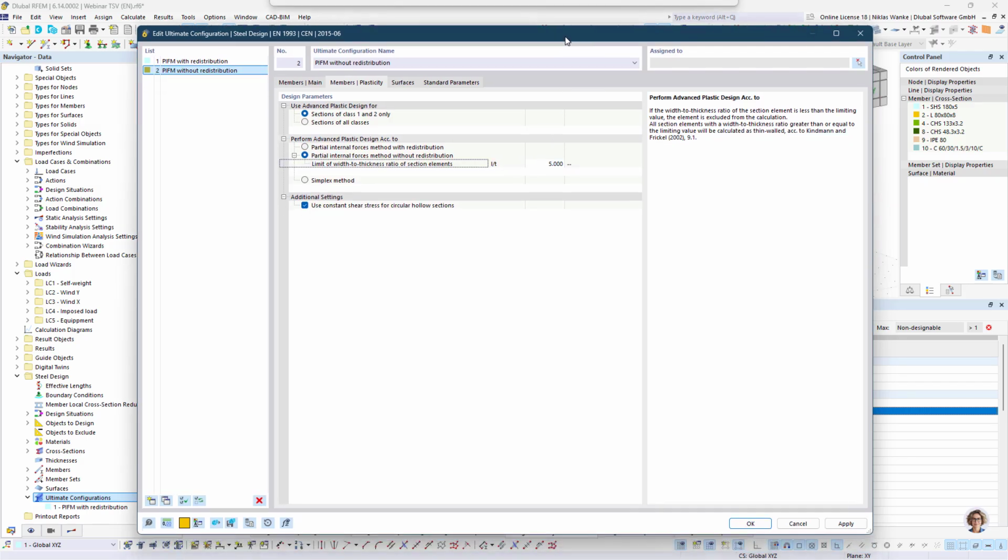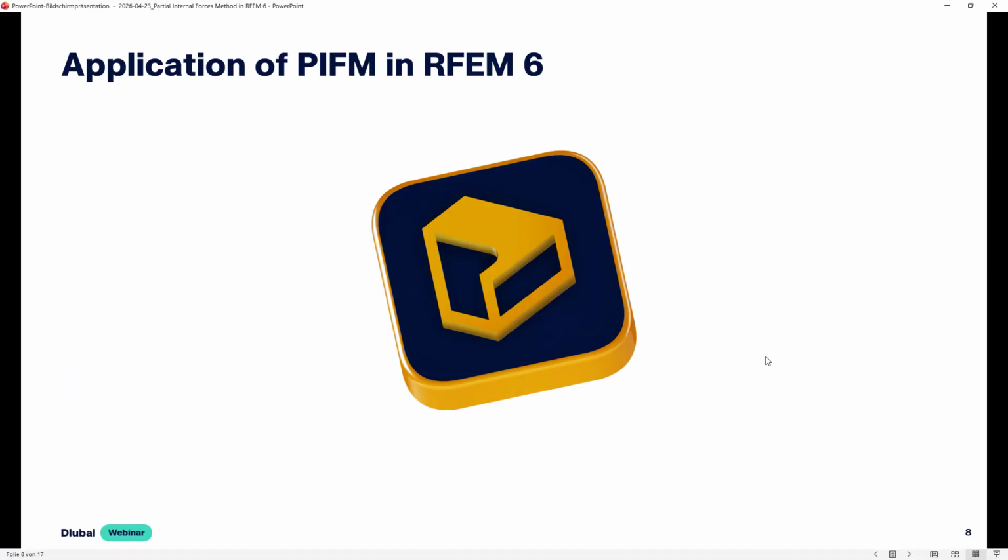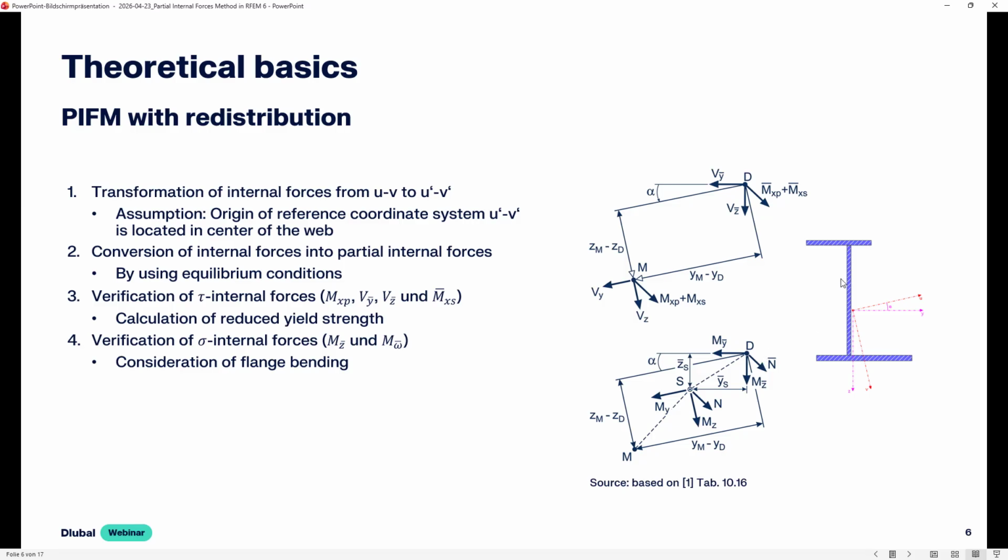The reason for this warning is that, and I did not mention that before, but I will mention it now, each section part receives only internal forces for bending moment about the strong axis. So this is just an assumption for modeling, which makes it easier to calculate.